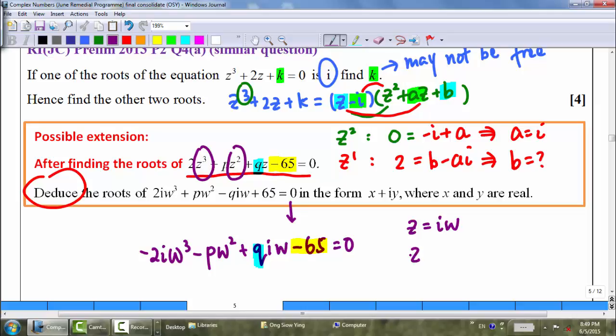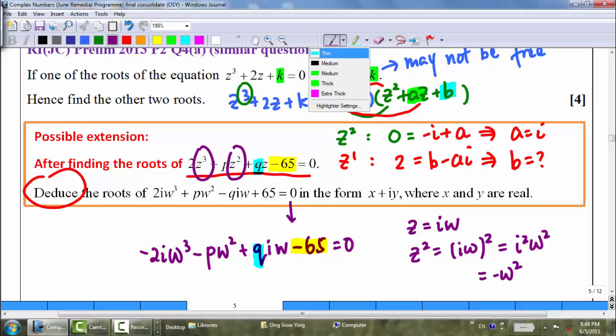If it is Z squared, then it becomes IW, the whole thing squared. When you expand it out, it's I squared W squared, but I squared is minus 1, so it's minus W squared. So yes, when you replace your Z by IW, your Z squared is minus W squared. And it works. Okay, minus W squared, right?